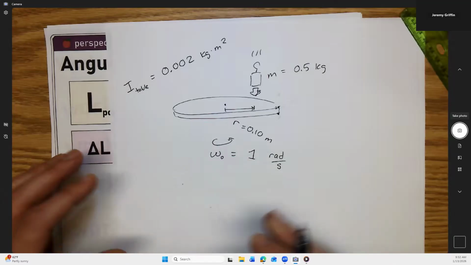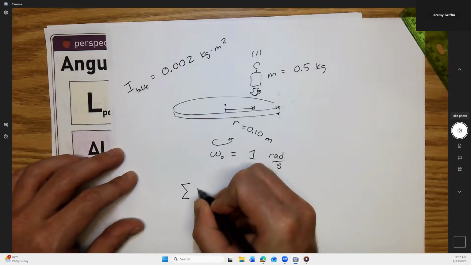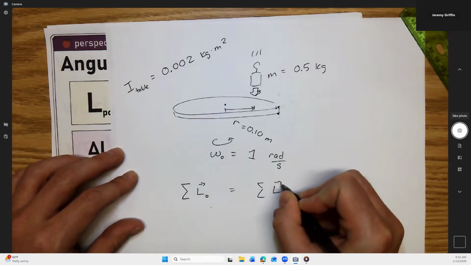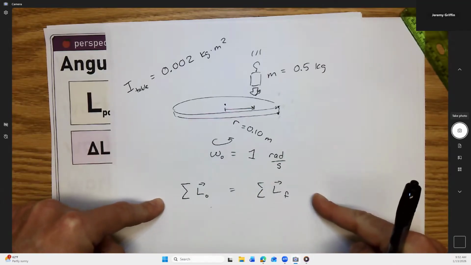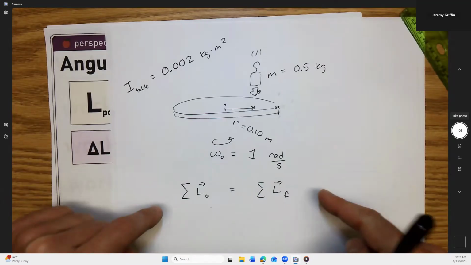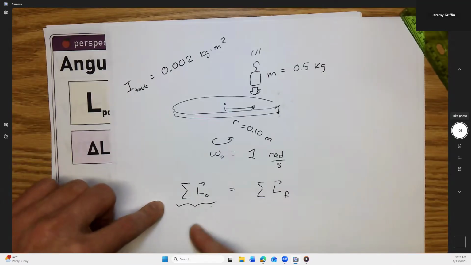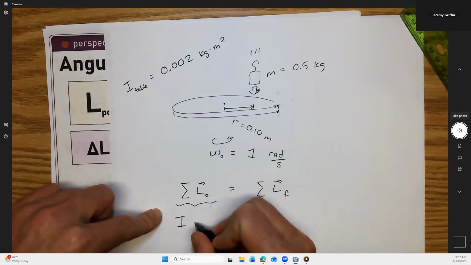So if this was my free response question on the AP exam, the very first thing I would write is this: sum of angular momentum before equals sum of angular momentum after. Which looks like that ice skater poster. You guys remember the ice skater poster? That's what that says. And so, what should I write next? What goes right here? Yeah, I omega naught.